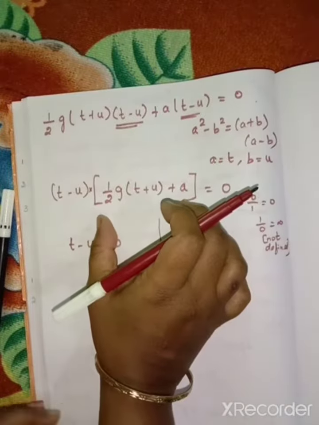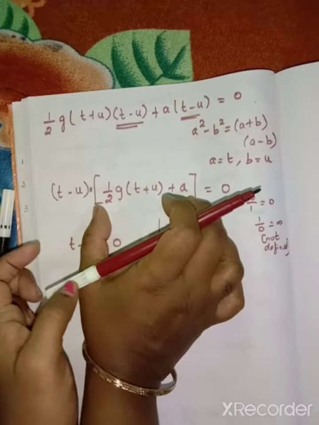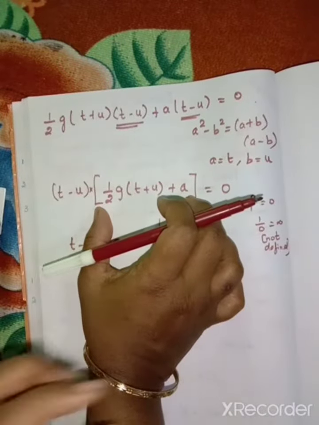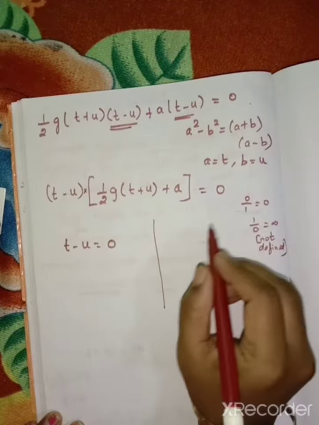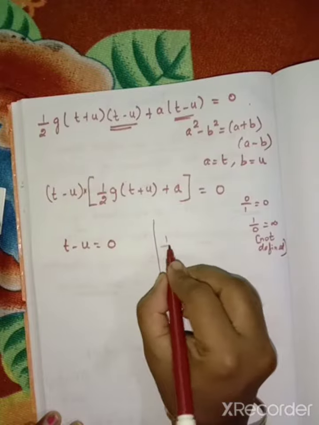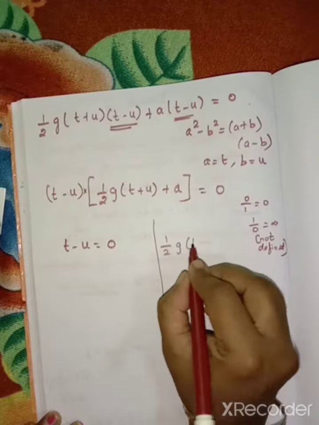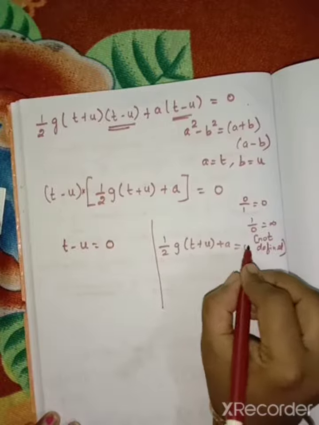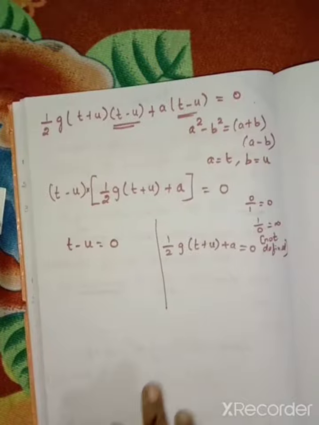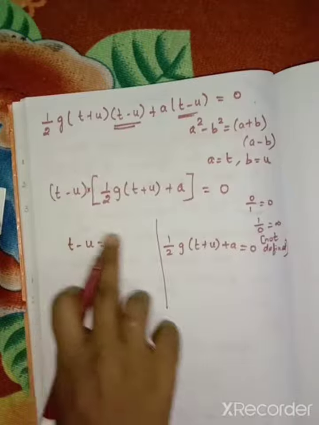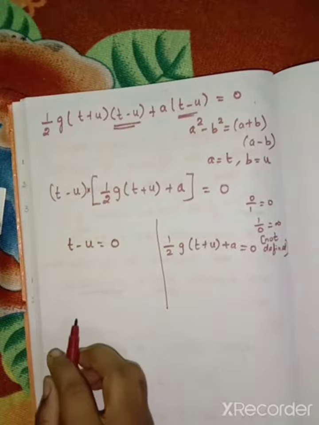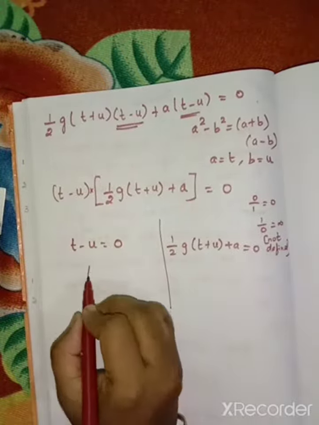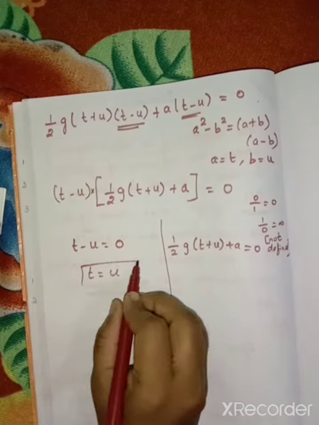Then for the second one, if we take t minus u to the other side, it is divided by t minus u. That means 1 by 2g into t plus u, plus a, equal to 0. Solving, minus u goes to that side as plus u, so t equal to u.